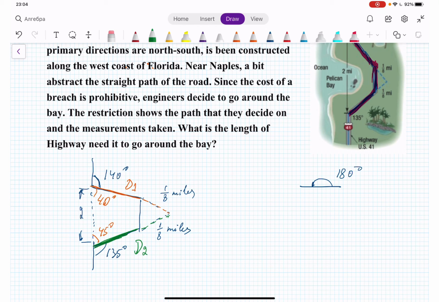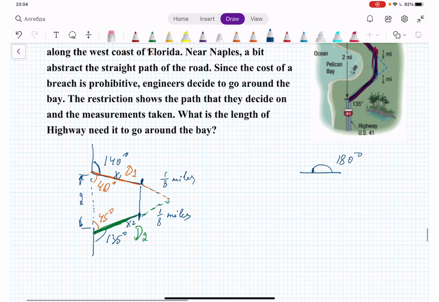So this is our X1, this is X2, from here to here. X is the length of this path or road, whatever we want to say. Okay, so let's do it. I'm going to use the sine law.